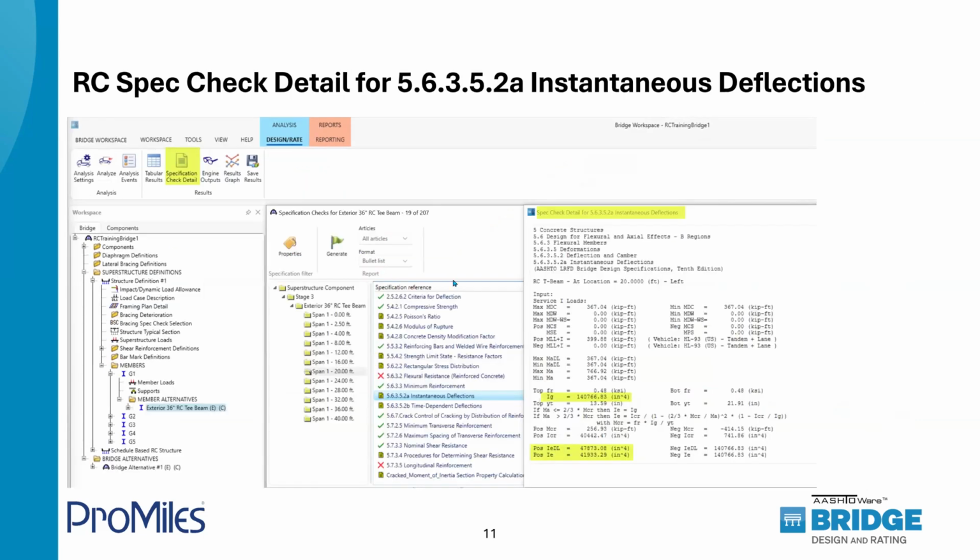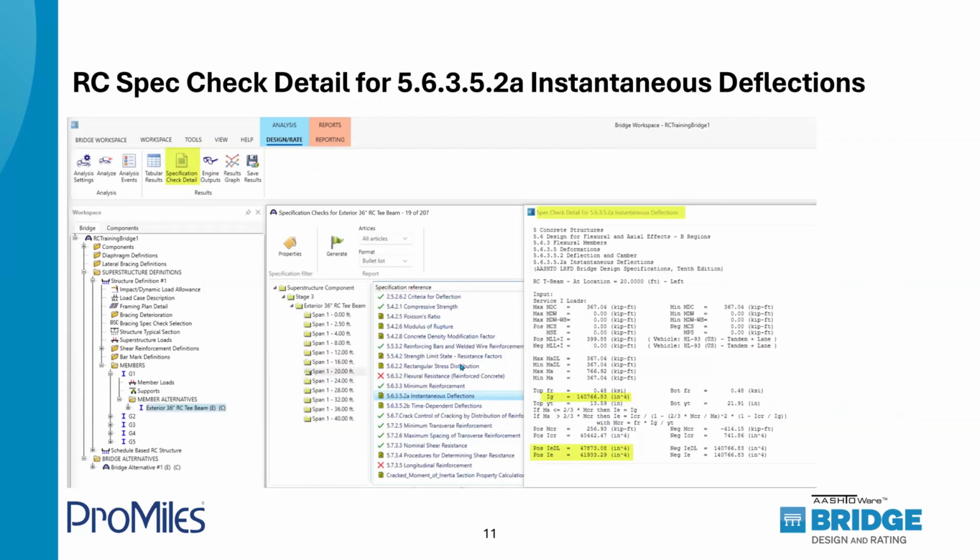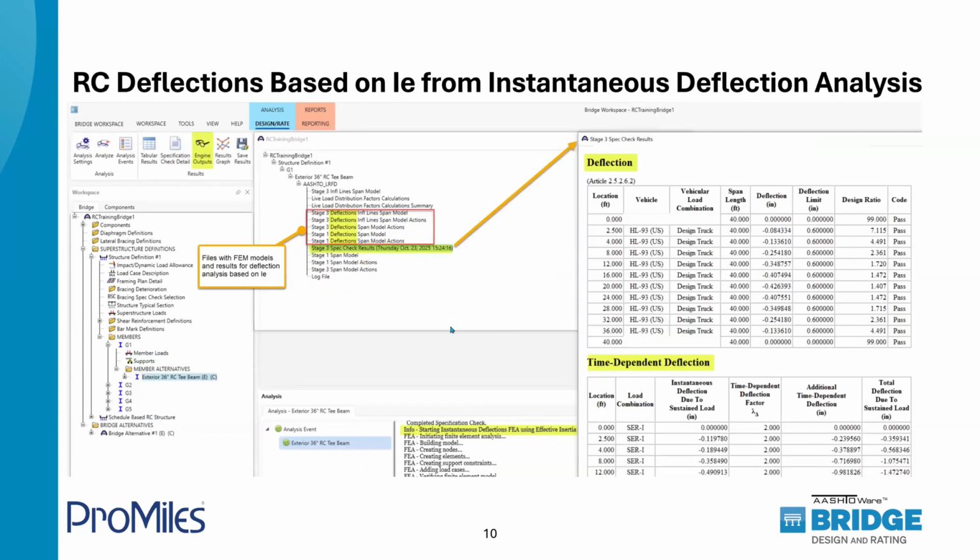Now, these models that I'm showing here use effective moment of inertia. We calculate these effective moments of inertia in this article, instantaneous deflection, this part A that I mentioned before. For RC, there are two values listed here: IeDL, based on the dead loads, which are the sustained loads, so we calculate the effective moment of inertia for that stage 1 model.